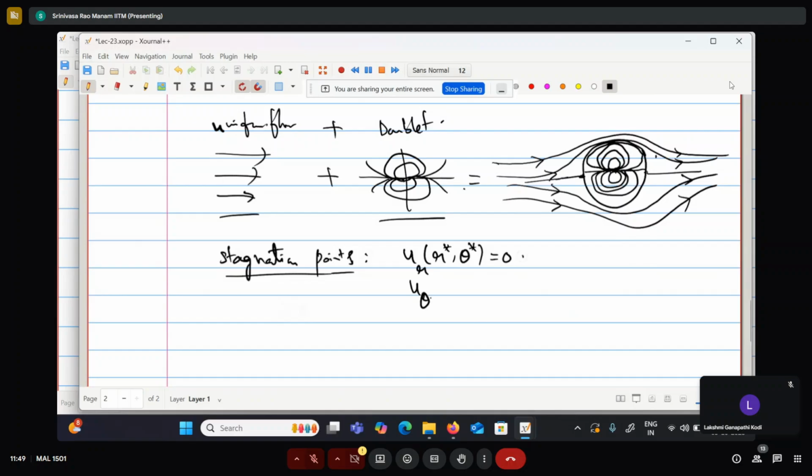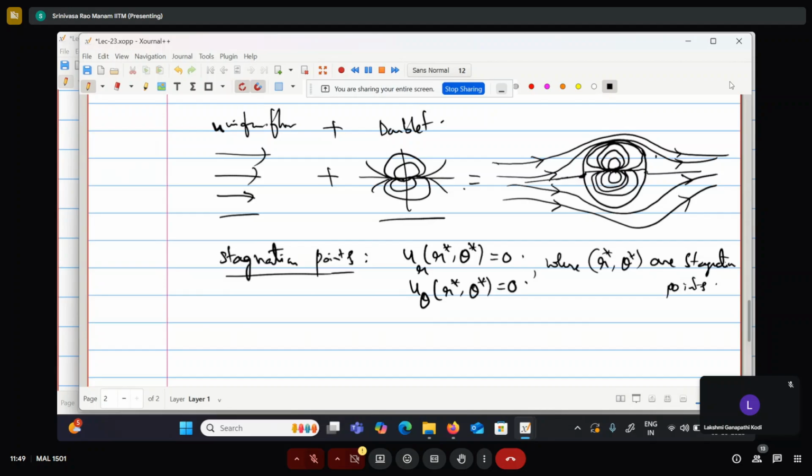Similarly, U_theta of (R star, theta star) equals 0, where R star and theta star are stagnation. Basically, the flow velocity will be 0. Once you understand that there is a flow, you will get some stagnation point.